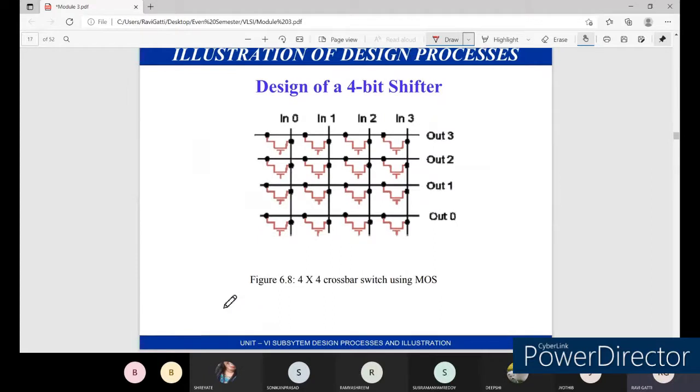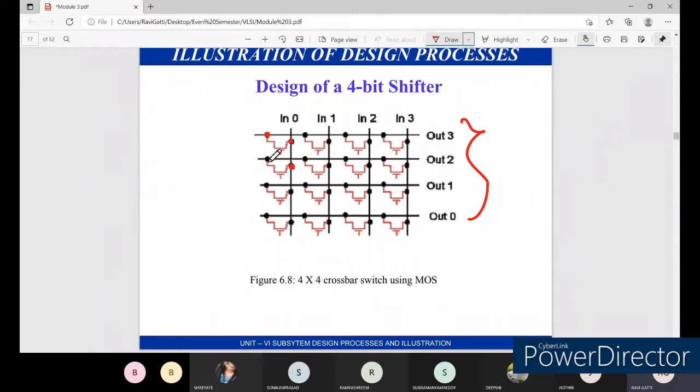Okay, so this is a simple diagram we are going to draw for the 4-bit shifter. You can see here we have select lines, line 0, line 1, line 2, line 3, that we call input lines, and we have output lines. The inputs and outputs are designed in a matrix form, and depending upon the connection of these terminals, the input will be shifted or not.